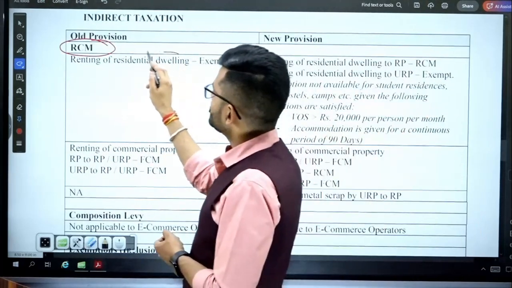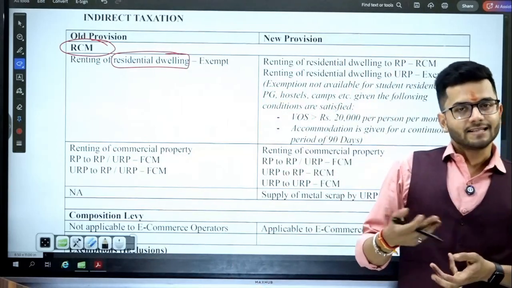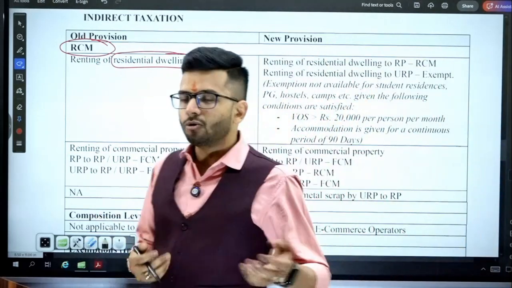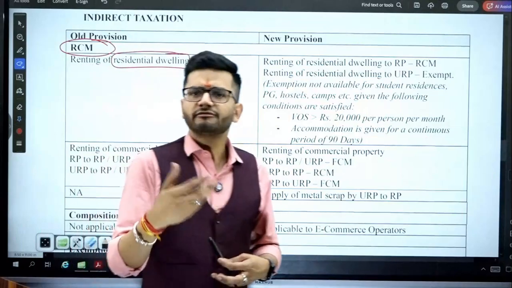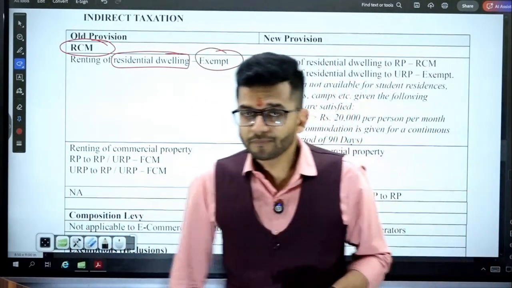Now, renting of residential dwelling. Okay, residential dwelling means a place where someone stays. There's a property which has been let out to a family for staying, for anyone for staying. Earlier it was exempt.